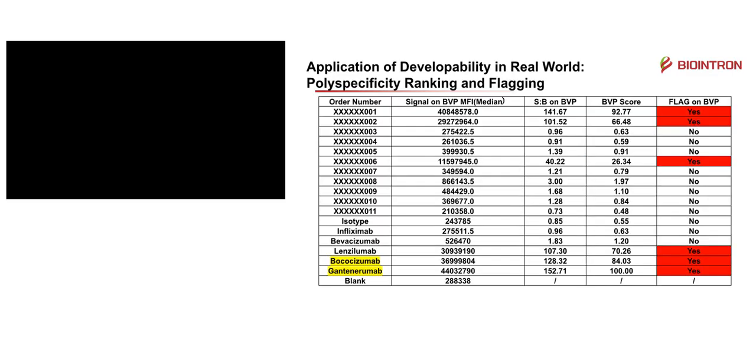And this is just a ranking of PSR ELISA, and we can show you some of the antibodies have very strong PSR scores and were red flagged. So those will be eliminated first, and the others will be kept.